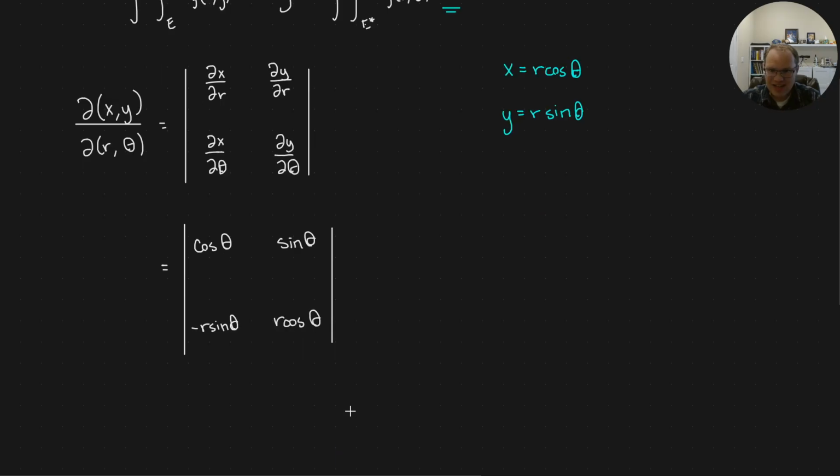Okay, take the 2 by 2 determinant, so multiply this way, that's r cosine squared theta. And then subtract what I get when I multiply this way, so that's going to be minus negative r sine squared theta.